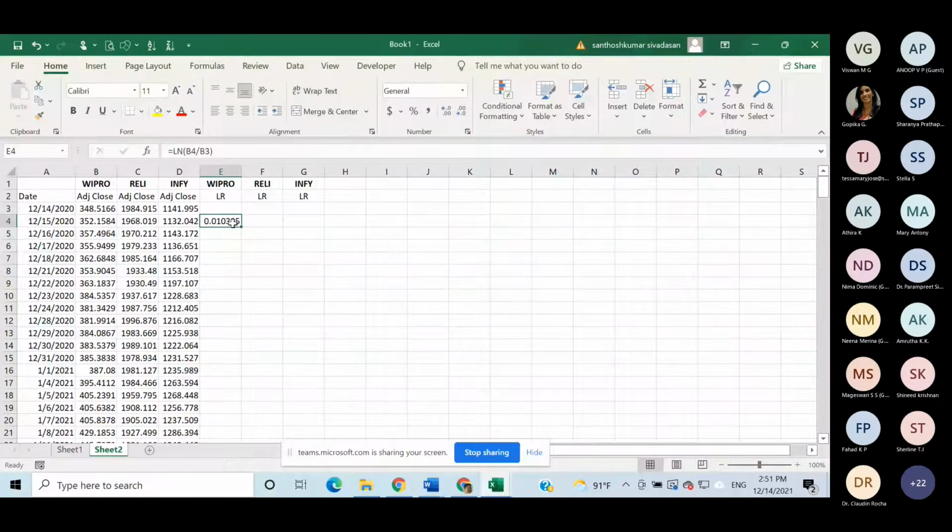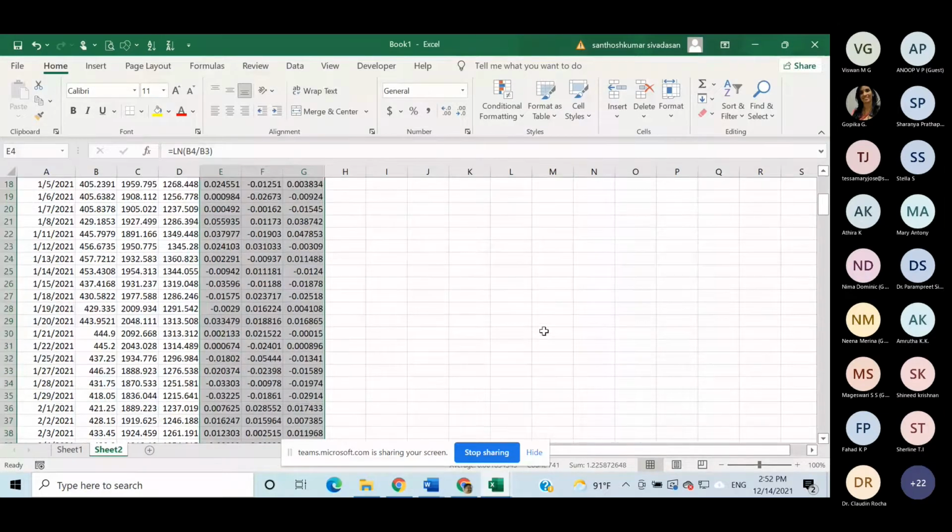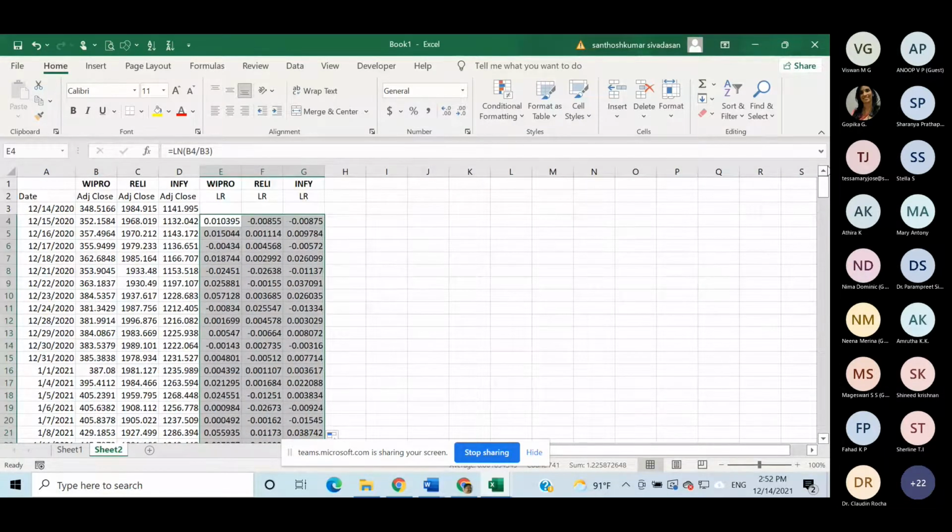If you drag, you will get the first day return of Wipro, Reliance, and Infi. If you double click here, you will get the log return of all the three stocks.